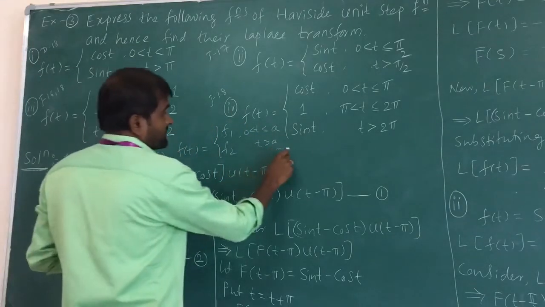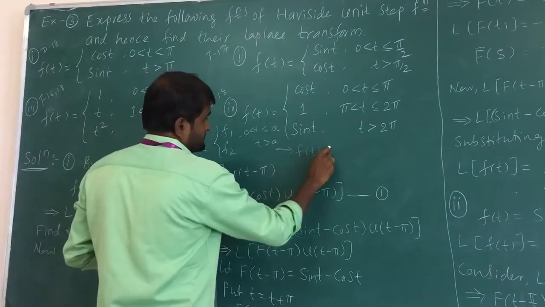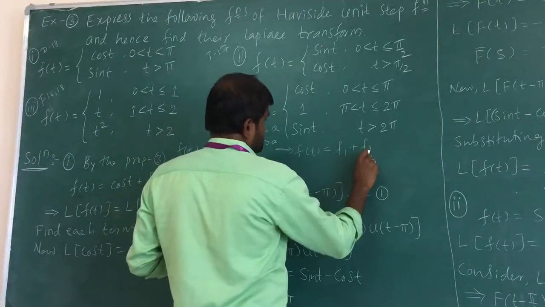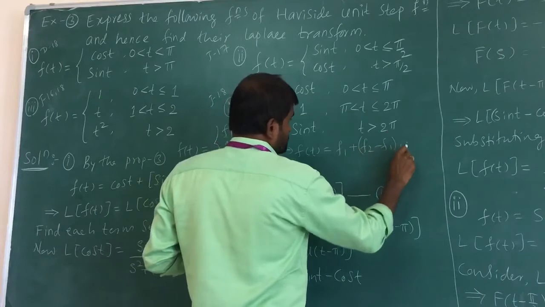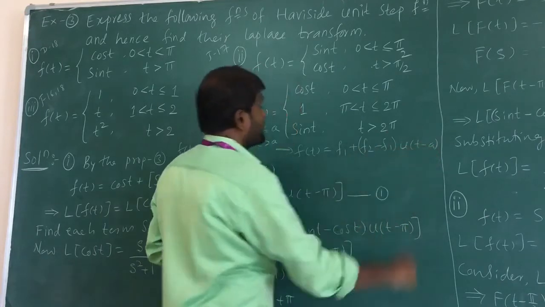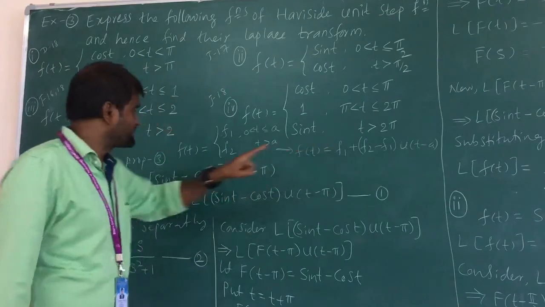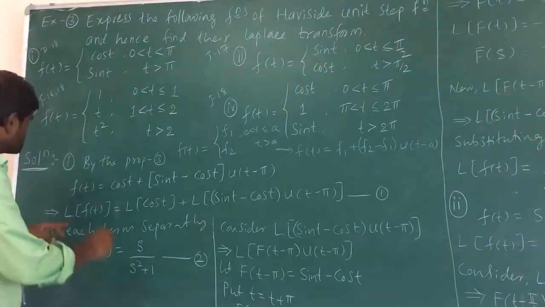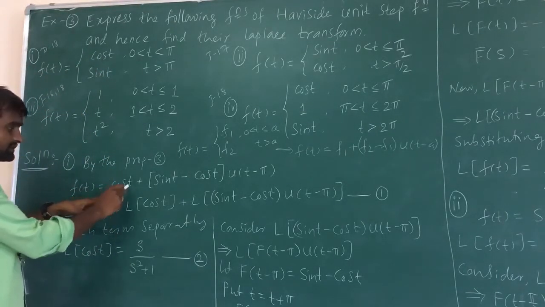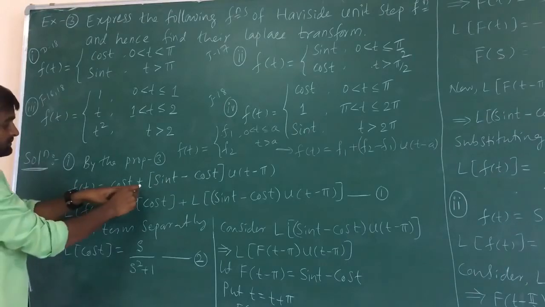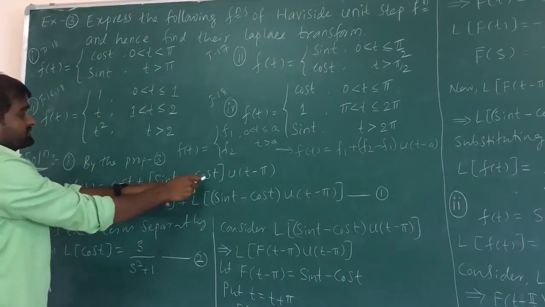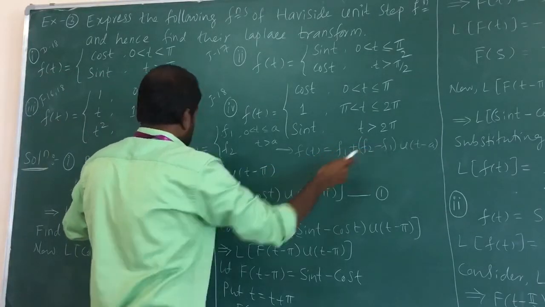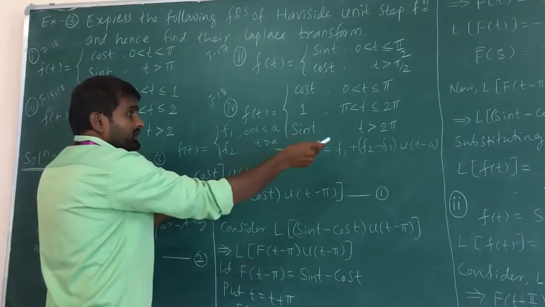In terms of the unit step function, this is f1 plus f2 minus f1 into u of t minus a, by the definition. This is f1, this is f2. So f of t equals cos t, which is f1, plus sin t, which is f2, minus cos t, which is f1, into u of t minus a.